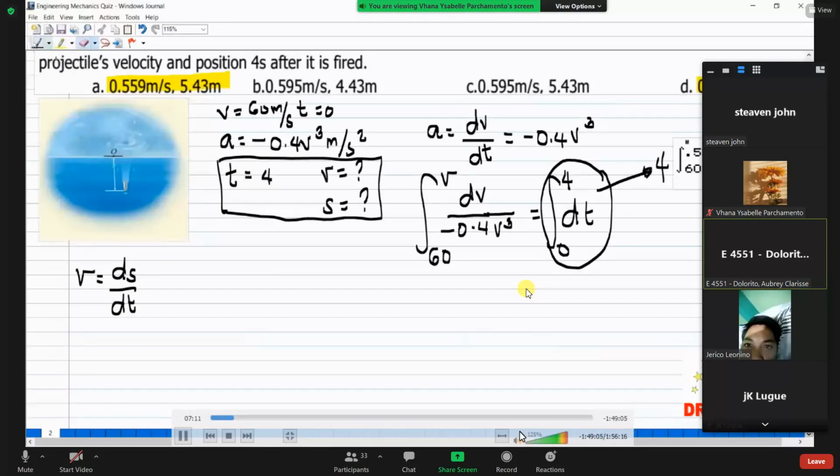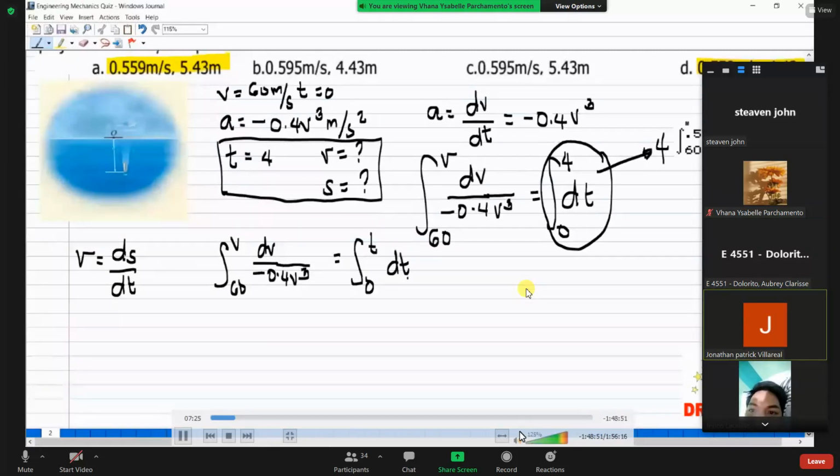So, instead na 4 yung ilagay natin dito, t na lang. So, integral to v of dv over negative 0.4 v cubed is equal to, so this is ng dt. Okay? So, para makakuha tayo ng velocity as a function of time.